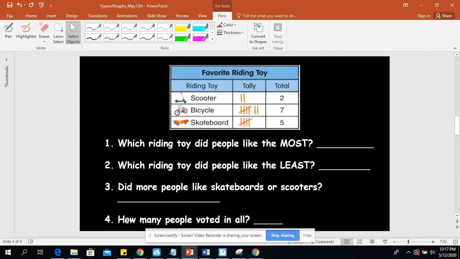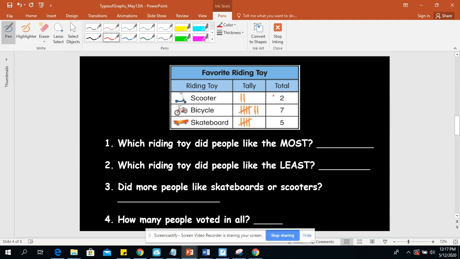And number 4, how many people voted in all? So this question is asking us, how many people in all told us their favorite riding toy? To find the answer, you have to count all the tally marks. Or you can add up the totals in this column.